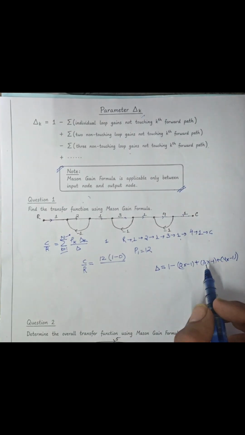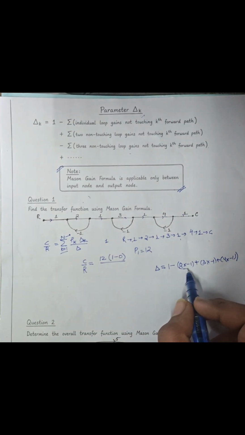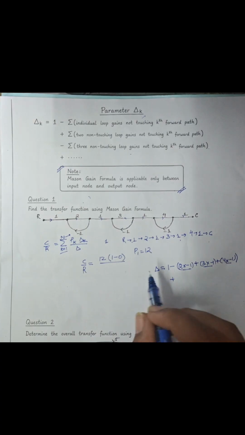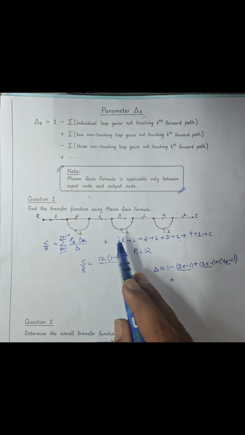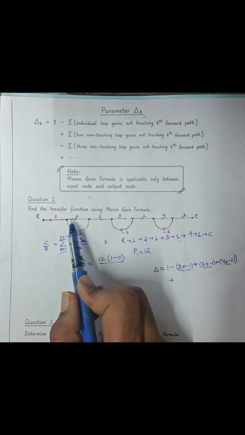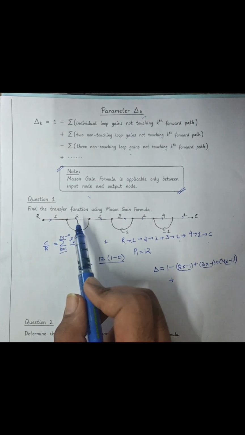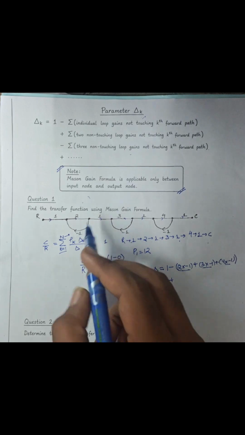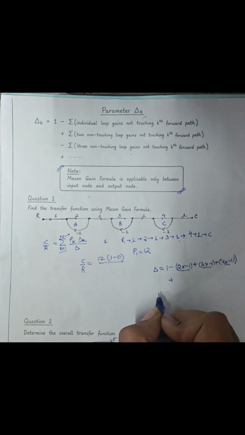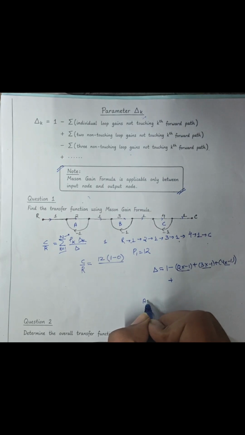there are 3 loops, and each loop has an individual loop gain, and there are 2 loops that are not touching each other. So the 2 loops that are not touching each other are these. If I name them A, B, and C, the AB loops are not touching. BC loops are also not touching.